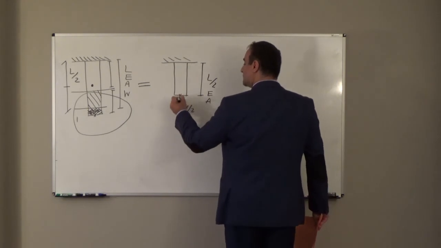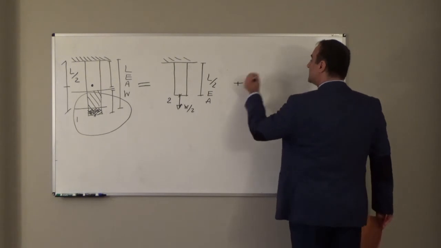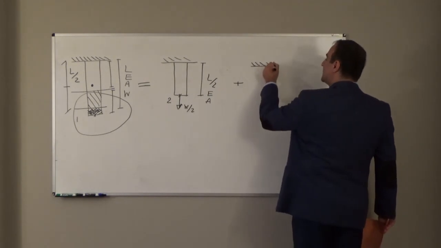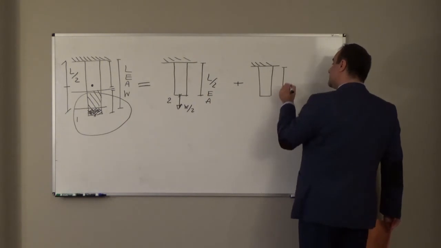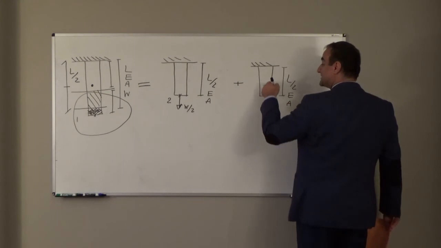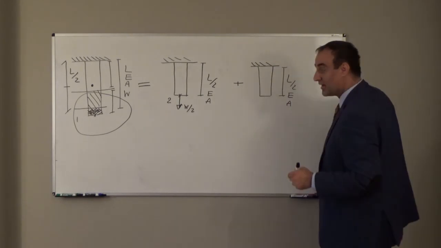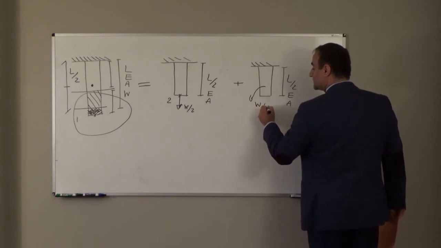I have the deformation at point 2 because of this external load, plus I still have the deformation because of the self weight of the top part. And the self weight in that case for the top part is W over 2.